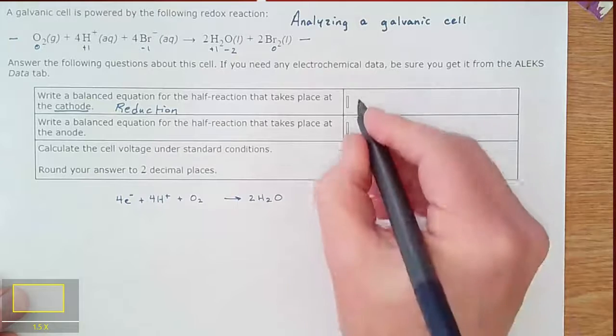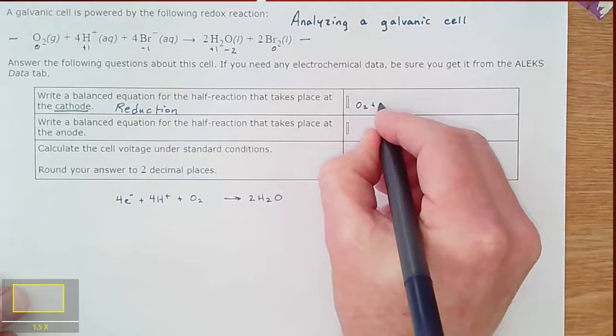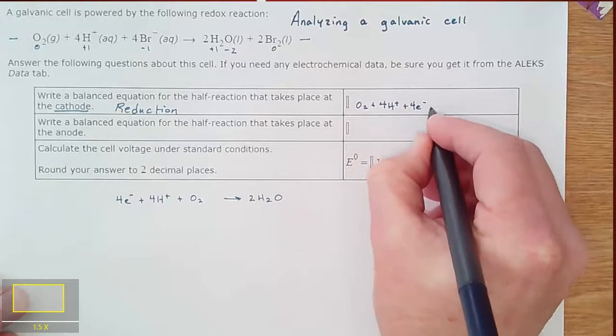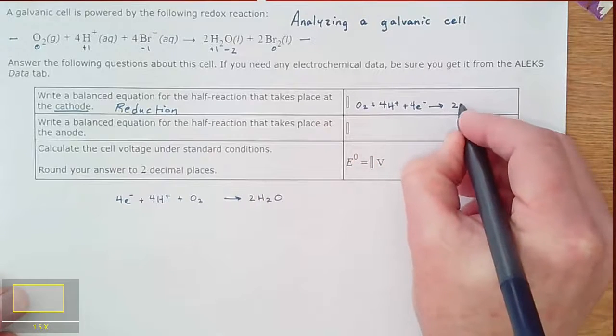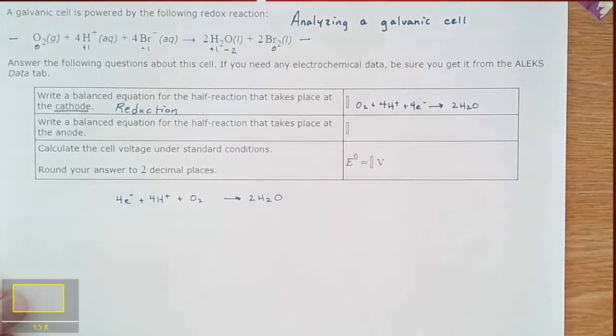All right, so the half reaction is going to be O2 plus 4 H+ plus 4 electrons going to 2 H2O. And of course, you're going to have to put in the phases for ALEKS, or else ALEKS will yell at you.